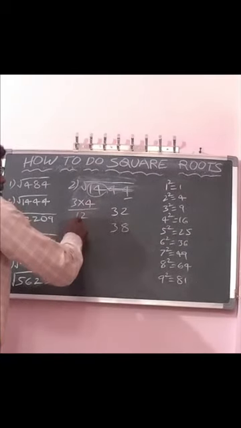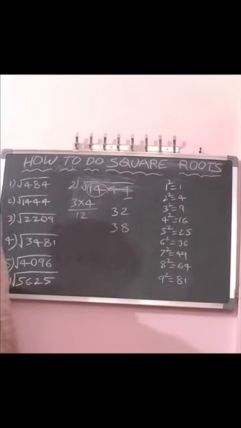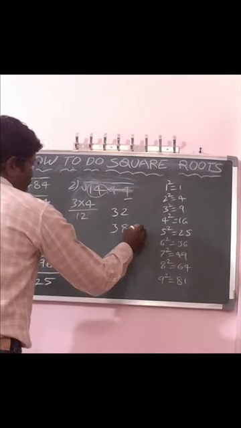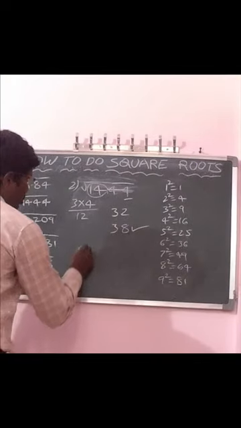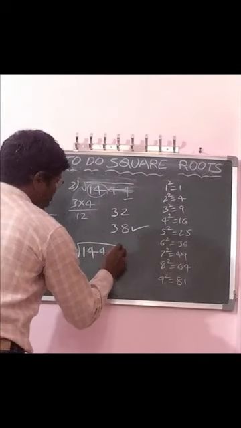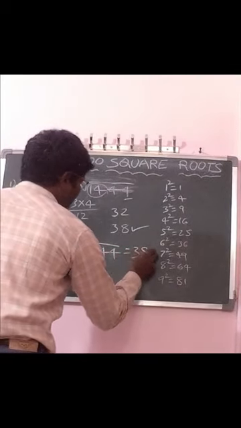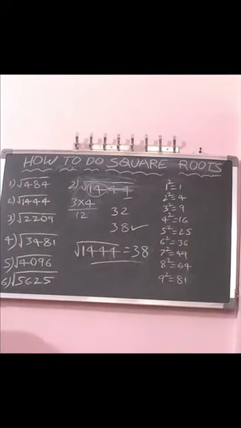The 14 is bigger, the 14 is greater than 12. So now we can take the bigger number 38. So the answer is 38. Root of 1444 is equal to 38. Okay friends.